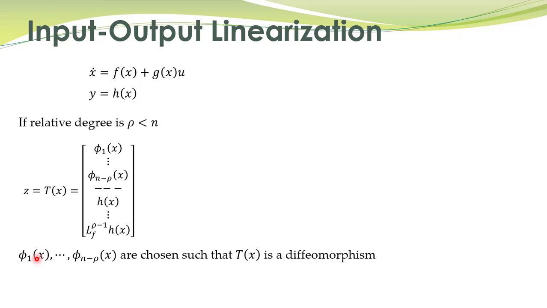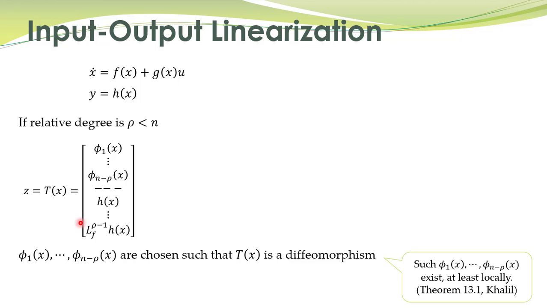So these phi i's are selected such that this state transformation is a diffeomorphism, and there is a theorem in the book by Hassan Khalil which states that such functions do exist, at least locally. So if relative degree is less than n, such functions always exist, which will make this transformation a diffeomorphism. Now how to find these functions, that will be discussed.